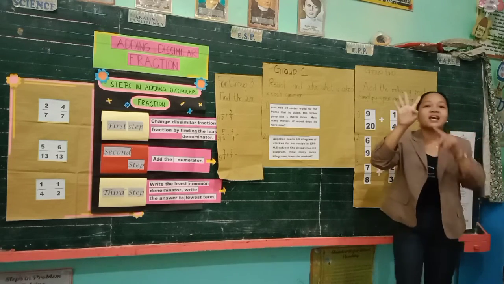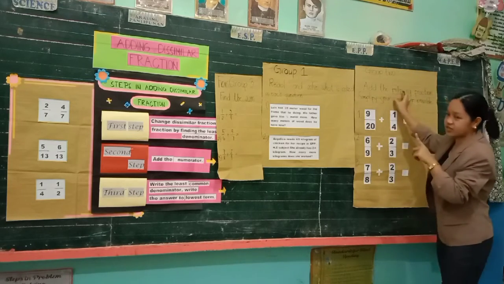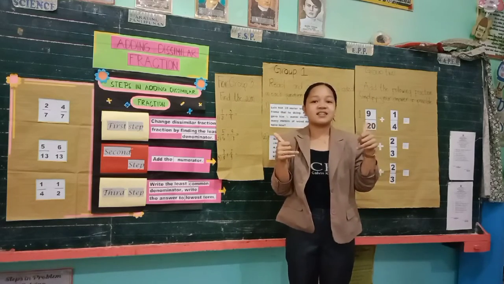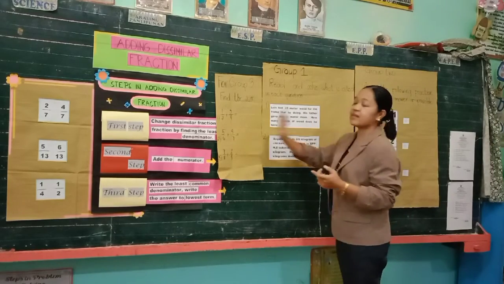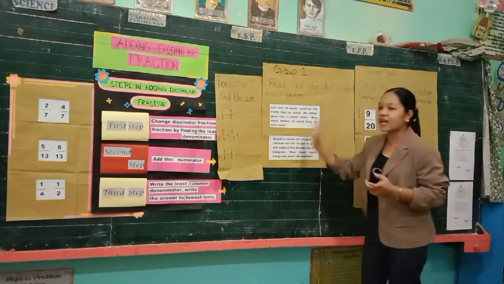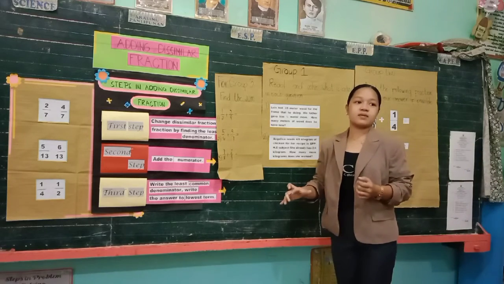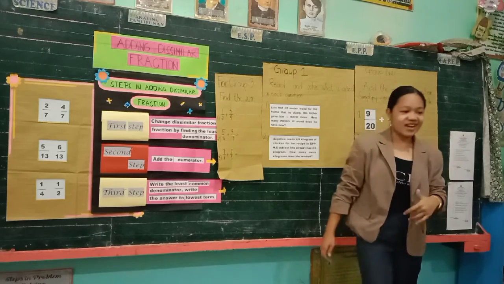The last is be quiet and follow instructions. Alright? Is it a yes, yes, yes? Alright. Please do this activity in 10 minutes. And after 10 minutes, we will answer it by group. Is it a yes, yes, yes? Alright, very good.